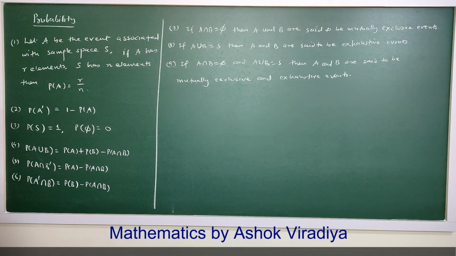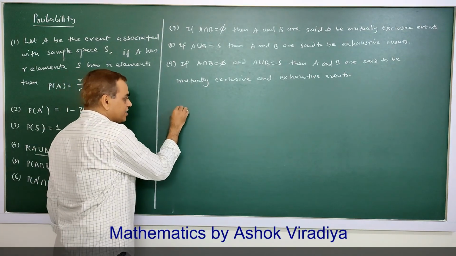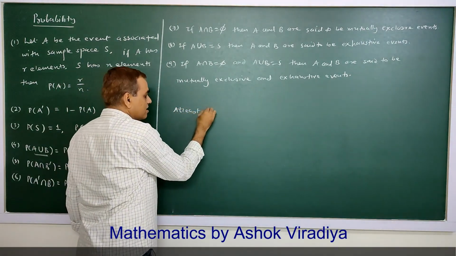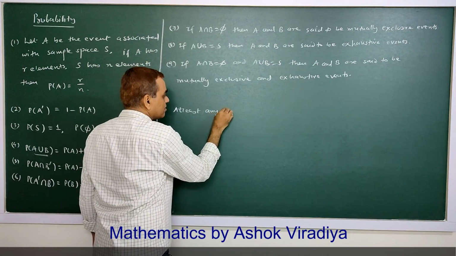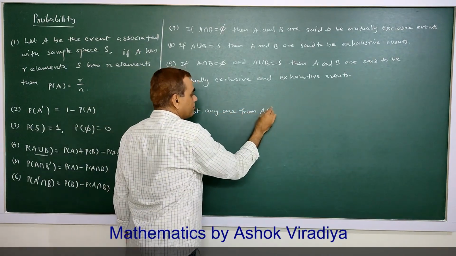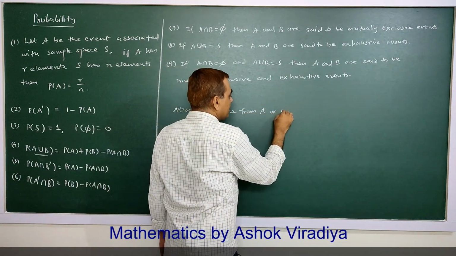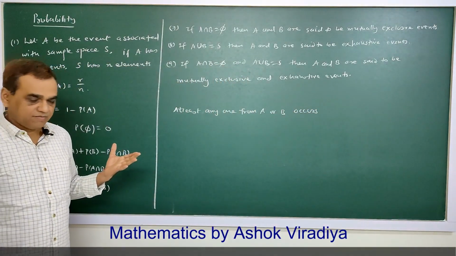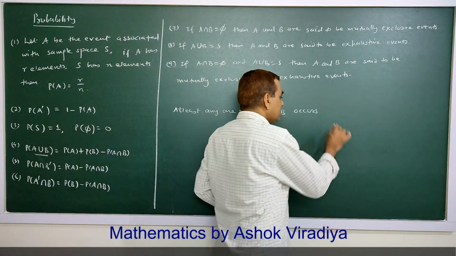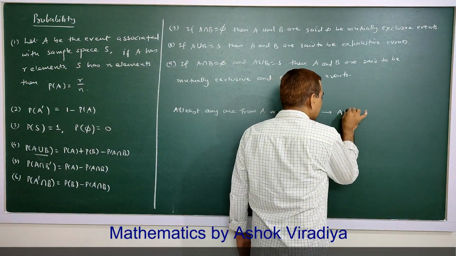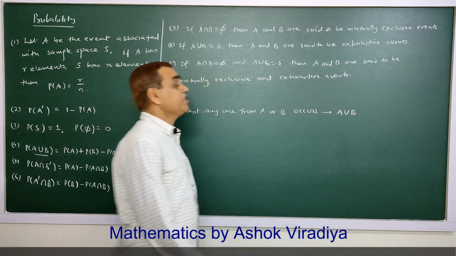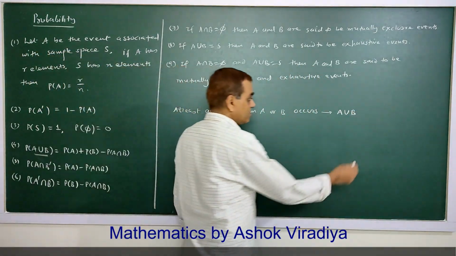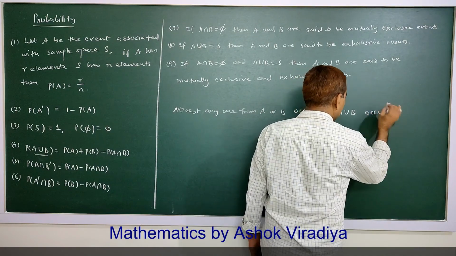Then say here, union of two events. When we say at least any one from A or B occurs, if any one event occurs, this is denoted as A union B. That means A union B occurs.